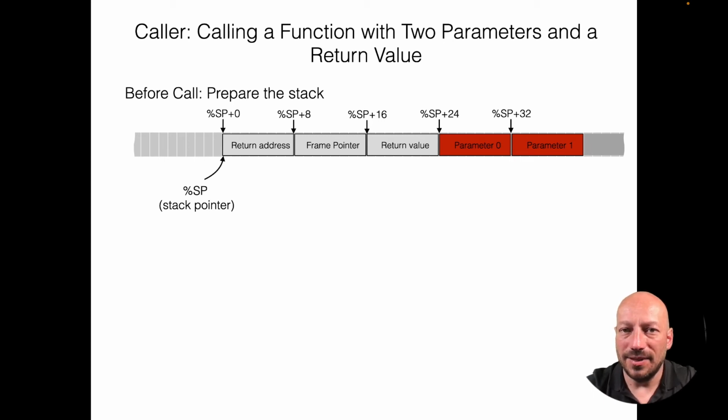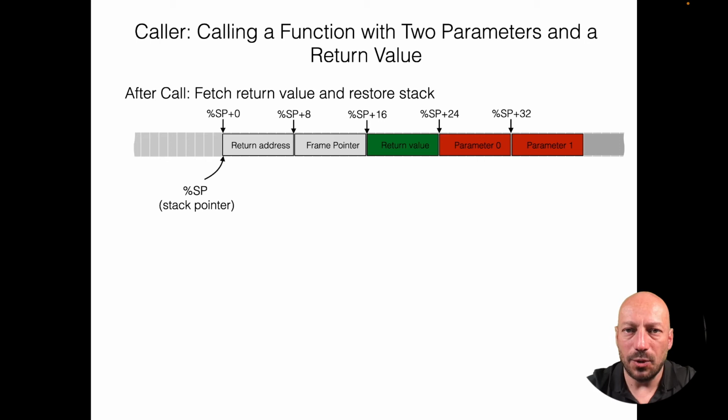So that after the call, when the stack pointer still has the same value as before, we can fetch, for example, the return value, and then we can complete the function call by incrementing the stack pointer as before by the same amount that we previously decremented the stack pointer. And then the function call is completed.